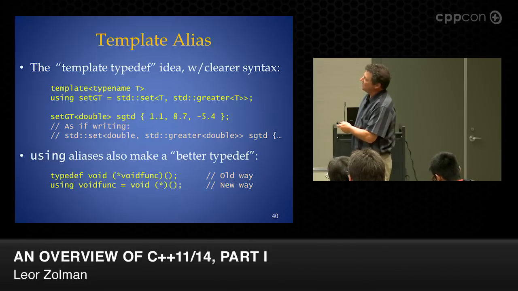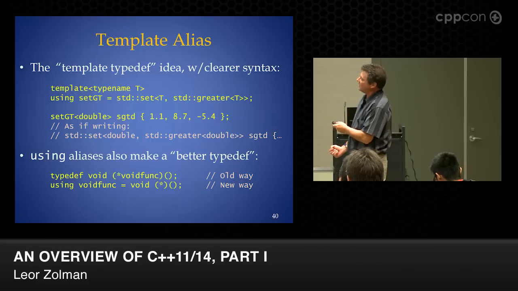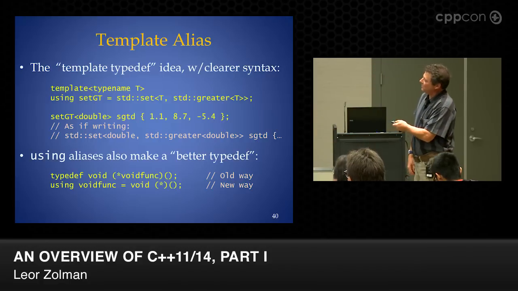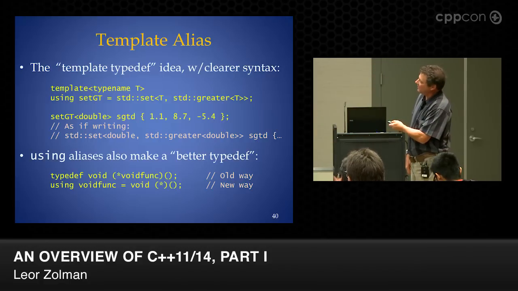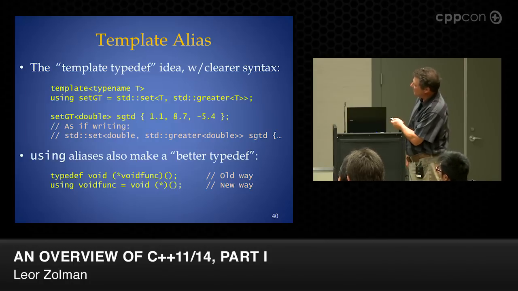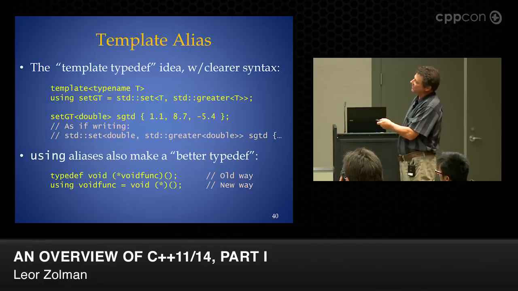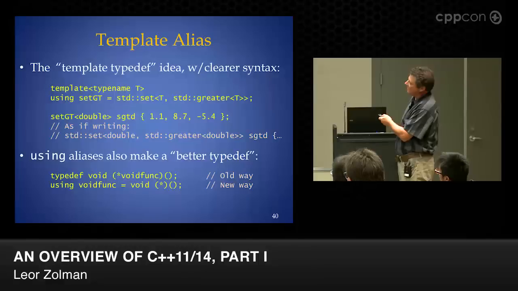So there was no way to say I want something that acts like a set of T that always uses greater as the comparator. And now there is. So by saying using SetGT, and then supplying this with a specific second parameter, a client can now shorten that to say, can just say SetGT of double, and it automatically puts in standard greater of T as the comparator.